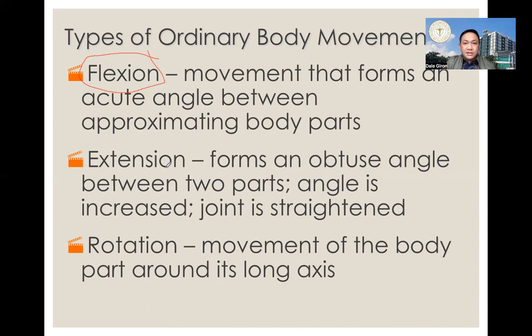The angle now is increased and the joint is straightened. If this is the elbow joint, if I move it like this, it is flexion. If this angle is increased or the joint here is straightened, I am doing extension. Okay, flexion, extension.